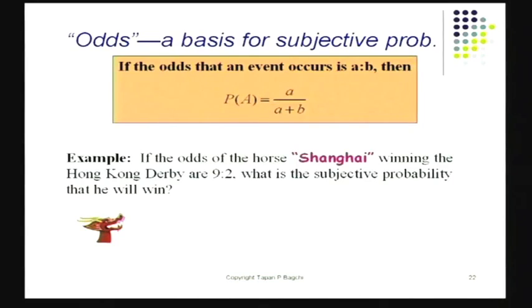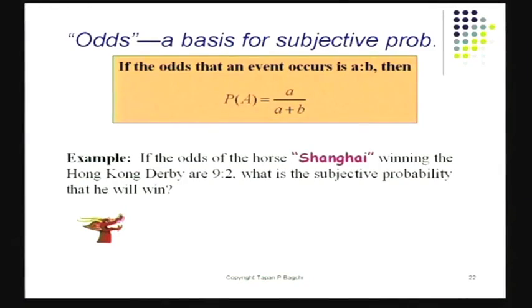Both are used. It all depends on when we are able to find a number and when we are not able to find a number based on our experience. Let's try to see a situation when we have the odds given to us. In this case, let's say it is in Hong Kong, where, as in Bombay, there is a racetrack.